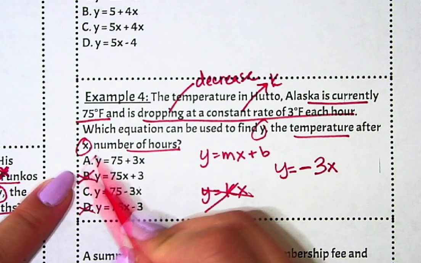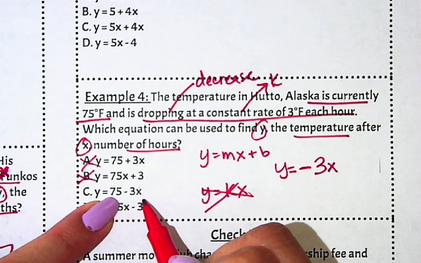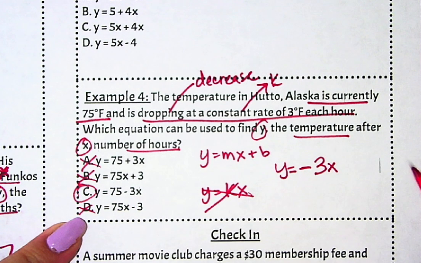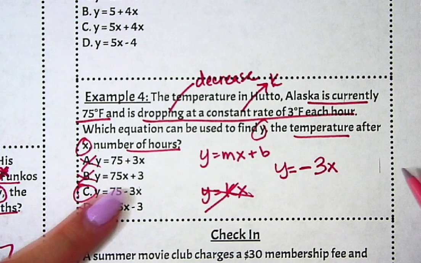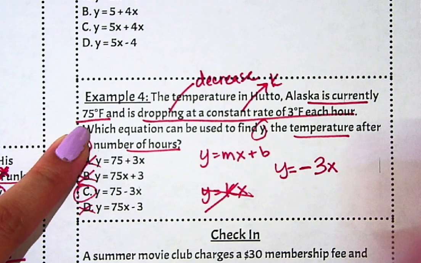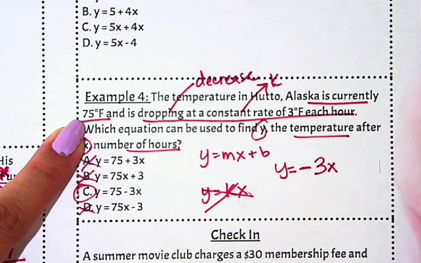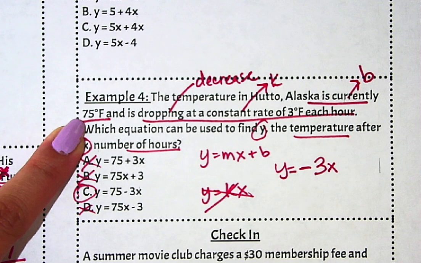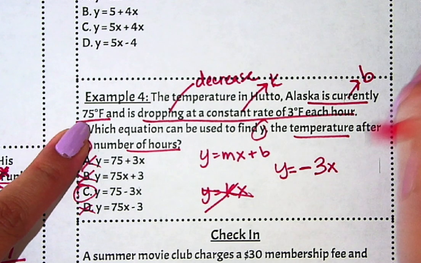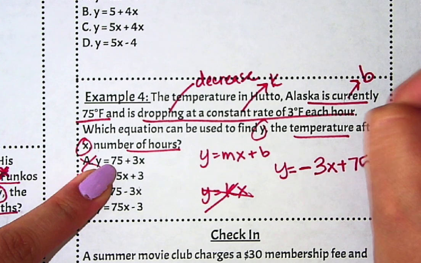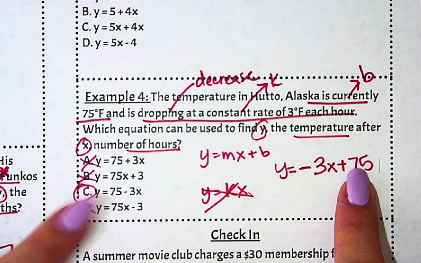I can eliminate A, because this is the only one that has negative 3x. But I'm just going to go ahead and finish this because it's currently at 75 degrees. Of course, that's going to be my b because that's where I start. The temperature is starting at 75. So I'm just going to put that number there. But our answer is C.